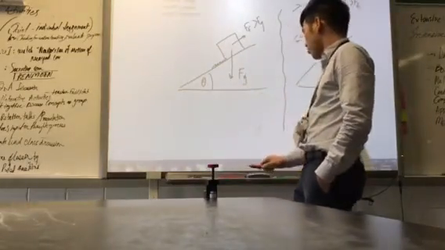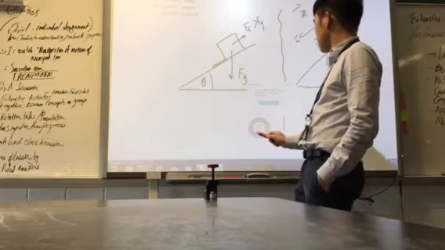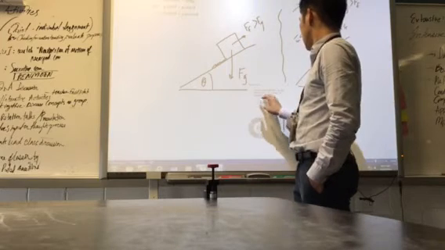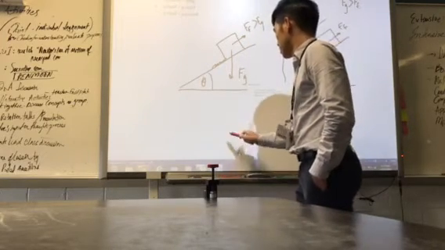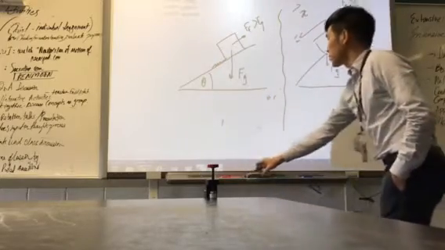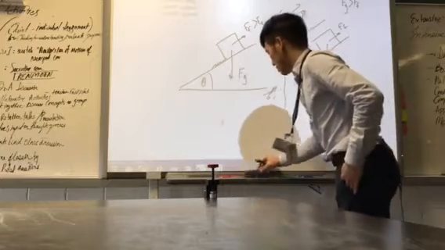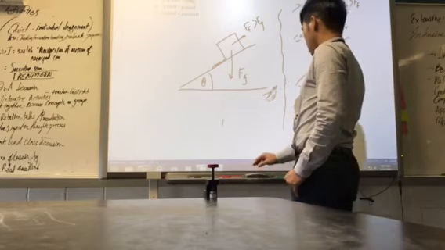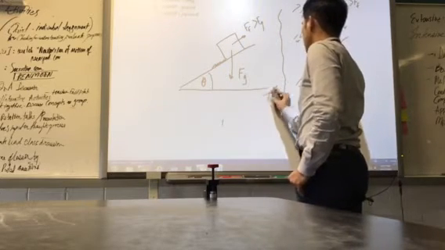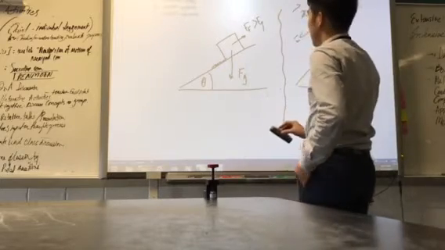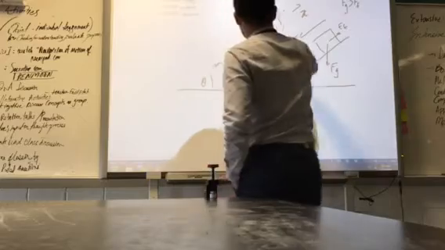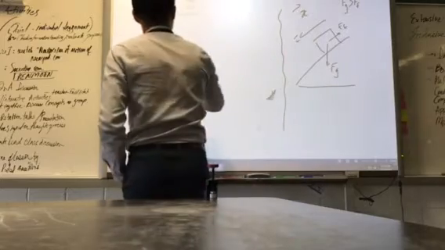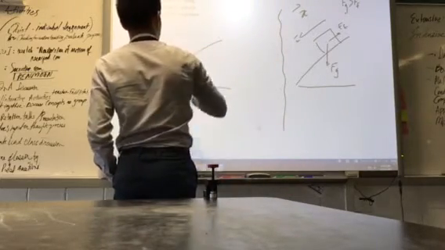So now I'm going to draw a free body diagram. Let me erase this thing right here, and let's consider only the box that is moving with acceleration.